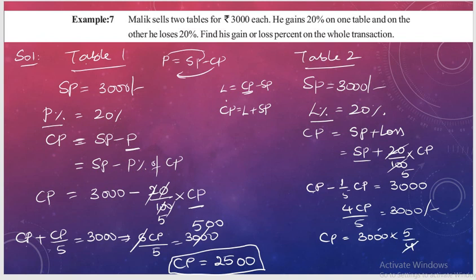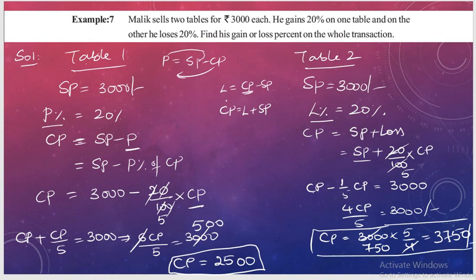So in the 4 table, 4 sevens are 28, 4 5s are 20, so 750. So 5 5s are 25, so 2 is remained, 5 7s are 35, 37. Now from this, we got the cost price of both the tables. So first table cost price is 2500, second table cost price is 3750.